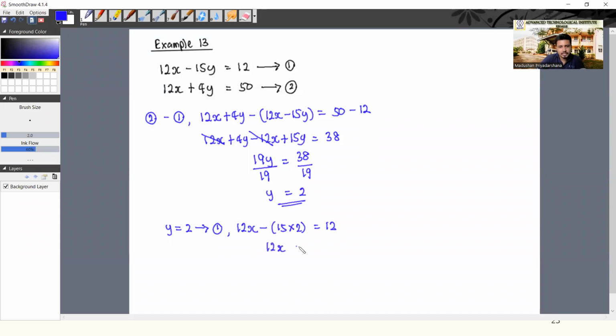So 12x equals 12 plus 30, that is 42. Divide both sides by 12. Therefore, x equals 3.5. You have got the exact same answers. Y equals 2 and x equals 3.5.